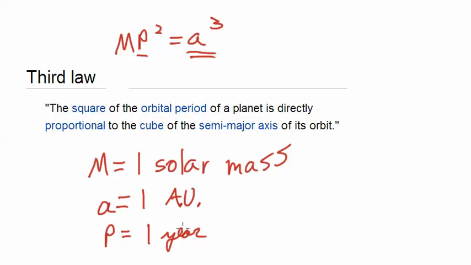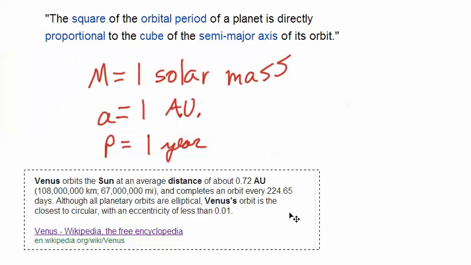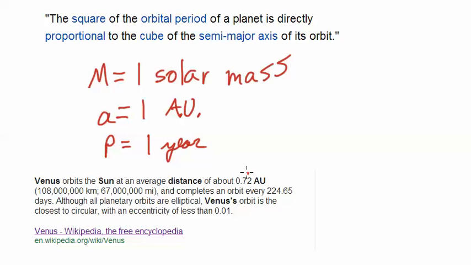But let's say I want the distance and the year of Venus. So if I look that up, if I Google distance of Venus from Sun in AU, you can see here it says Venus orbits the Sun at an average distance of about 0.72 AU.